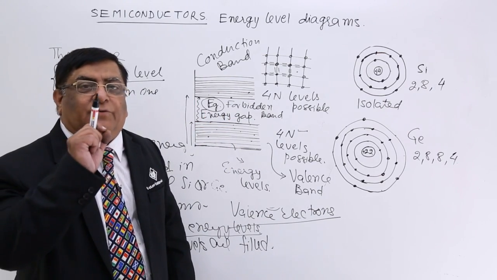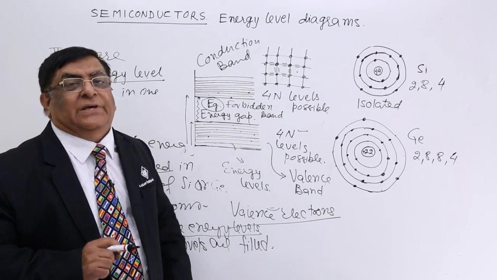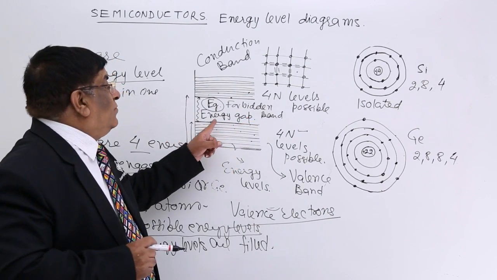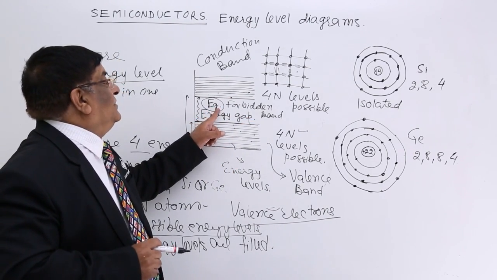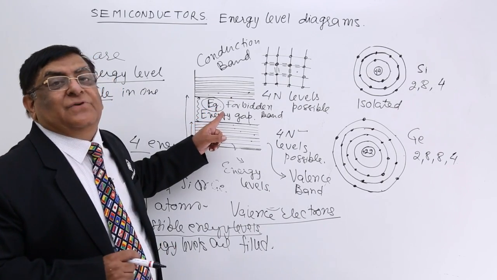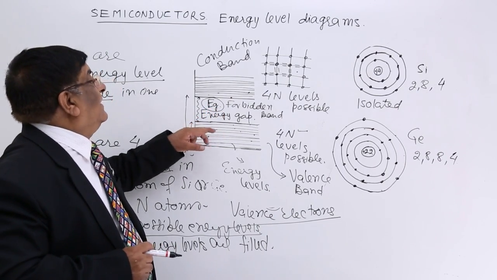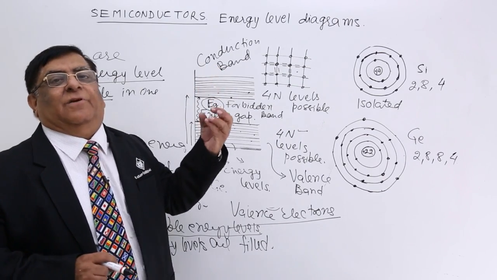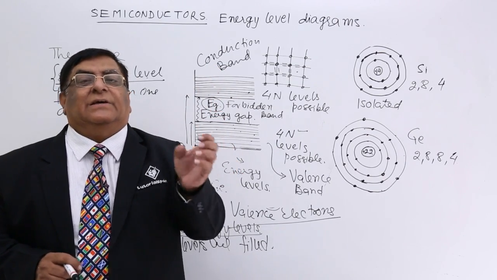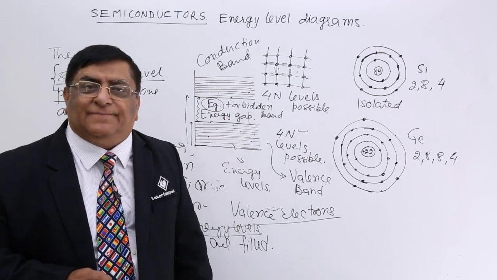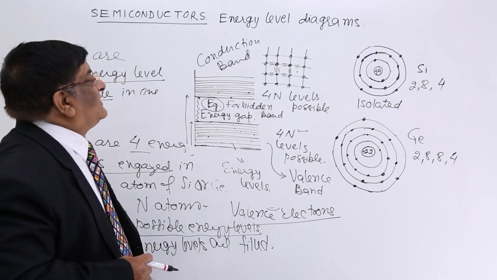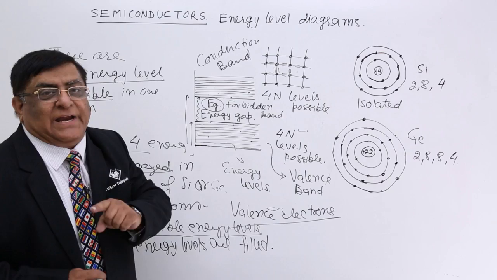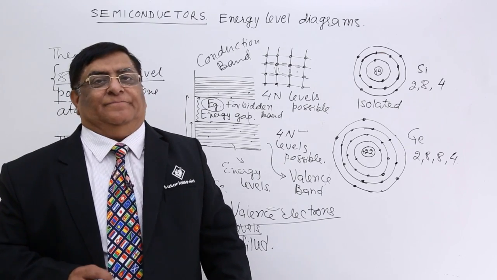For an electron doing the job of valency, if we want it to conduct electricity, we have to give it energy Eg, the energy gap, so that it will jump to the conduction band and then it will be able to conduct electricity and the material will become a conductor. So, this is the energy gap method of understanding conductivity.